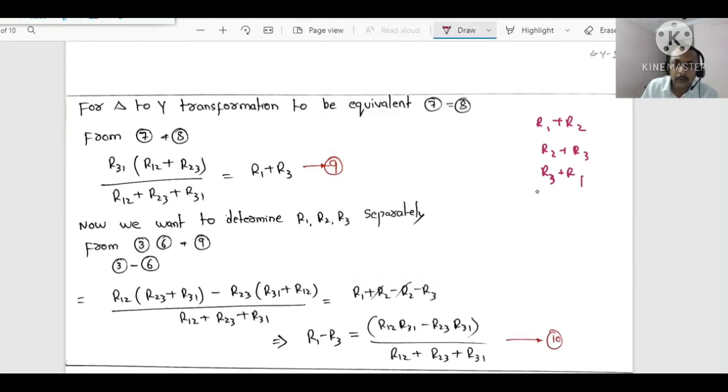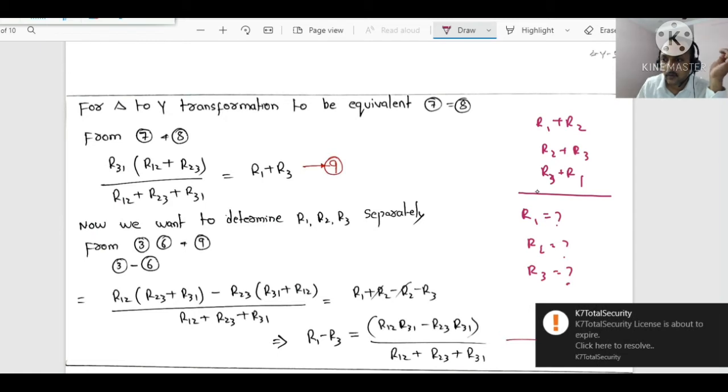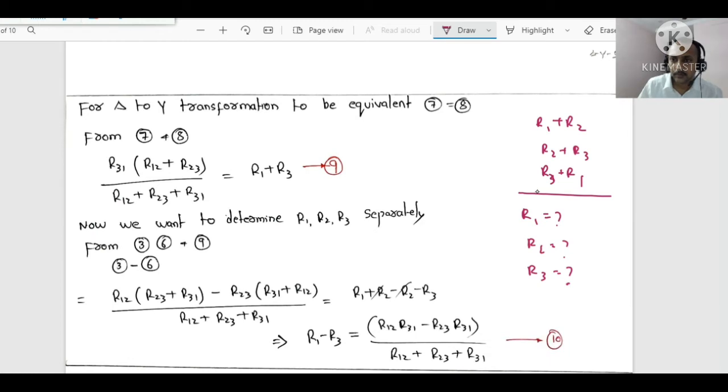Now we have to simplify. Just for example, if you subtract R2 plus R3 from R1 plus R2, what we will get? R1 minus R3. And by adding R1 minus R3 with R3 plus R1, we will get one step. At last, using these 3 equations, your target is to find out R1 equal to how much, R2 equal to how much, and R3 equal to how much. That is what we are going to do, right?